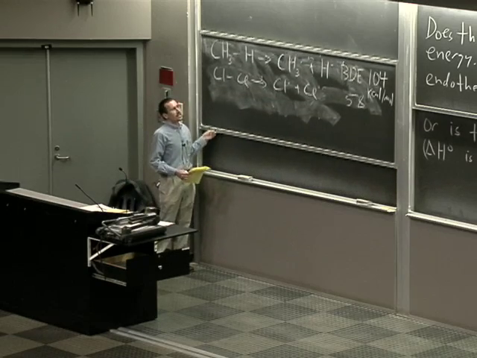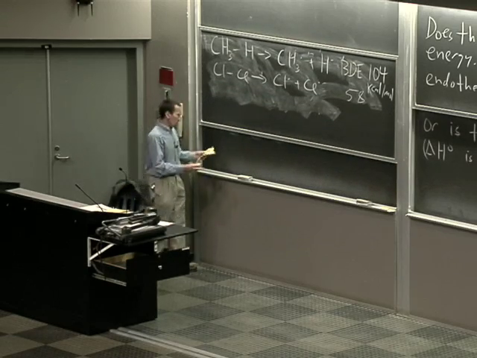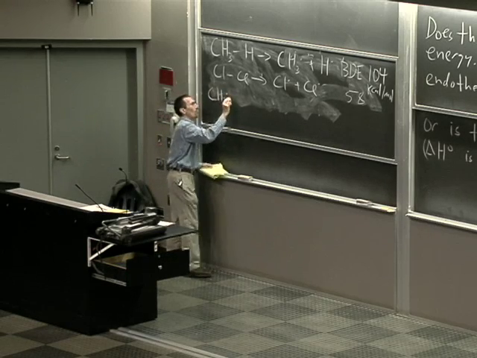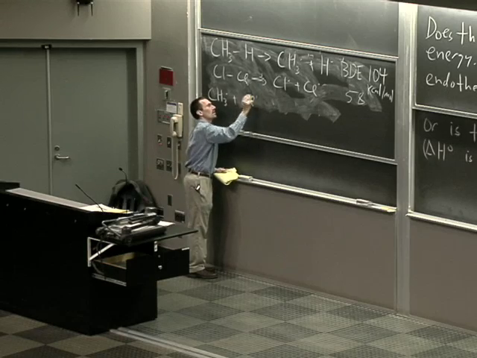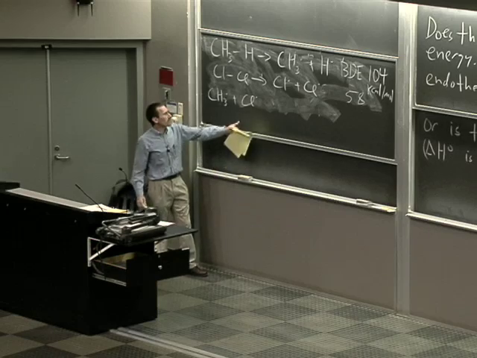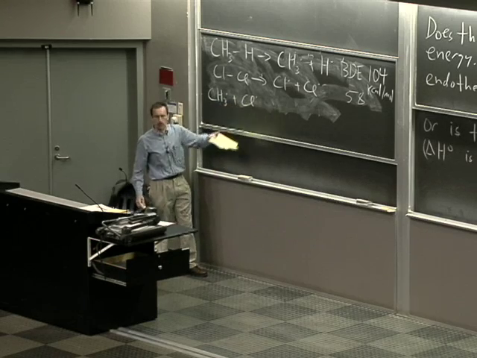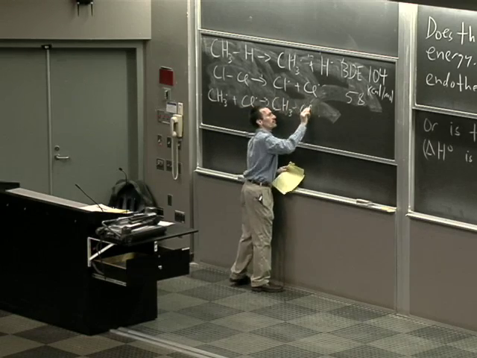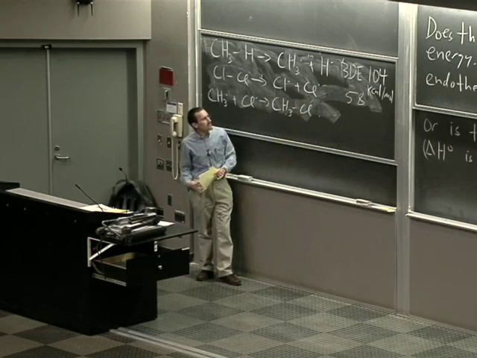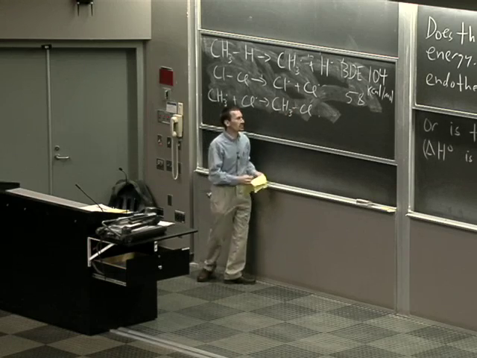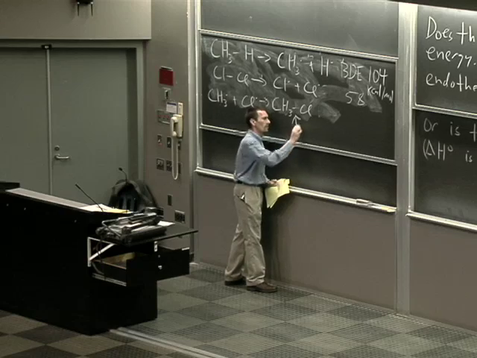Now, again, thinking about this in a thought process, if we're forming a carbon-chlorine bond, at least formally what we're doing is we're taking a methyl group and a chlorine and bringing them together. The point is, now we're looking at the negative of the bond dissociation enthalpy over here.